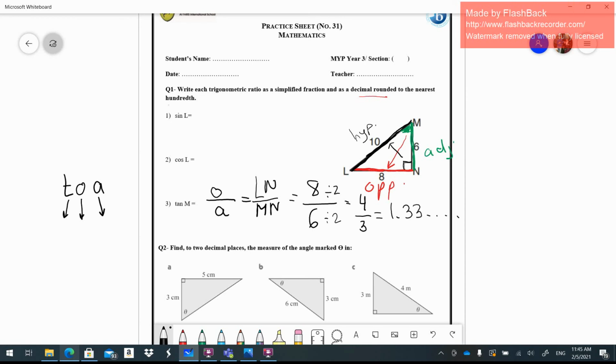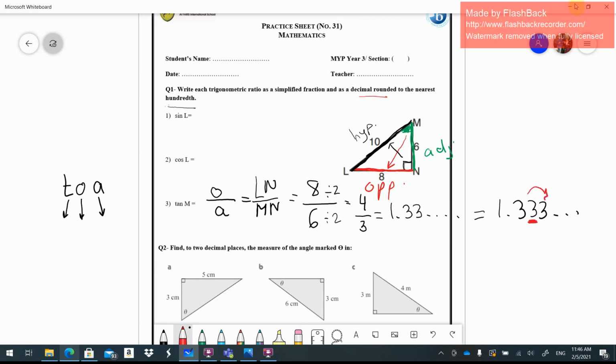1.33333. Now here, since I told you to round to the nearest hundredth, you cannot write it as 1.3 bar. Remember, this is a repeating decimal, but since I told you to round to the nearest hundredth, please do not put the bar. So where is the hundredth place? This is the tenth place, and this is the hundredth place.